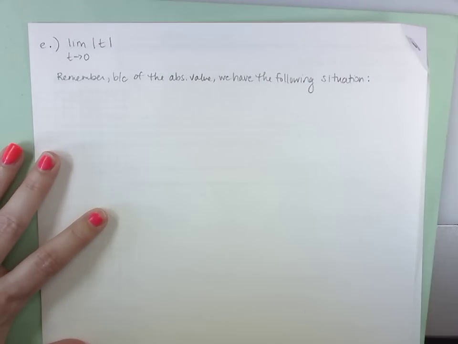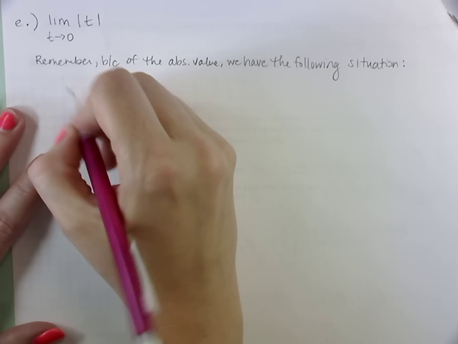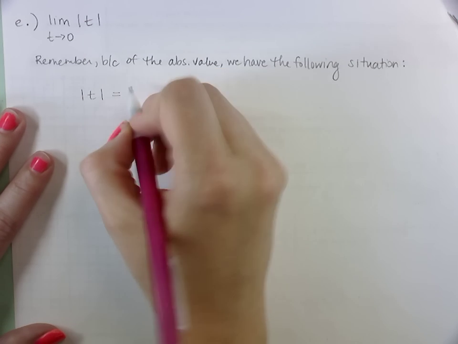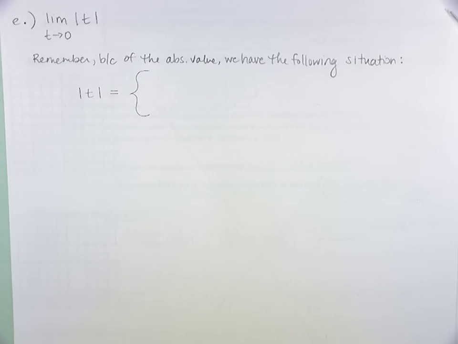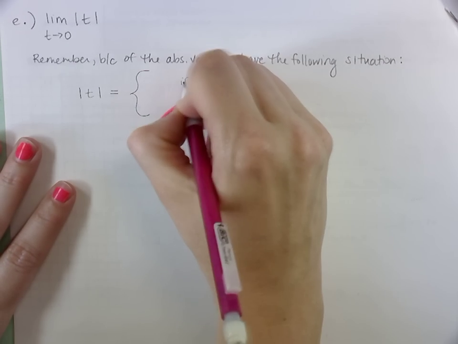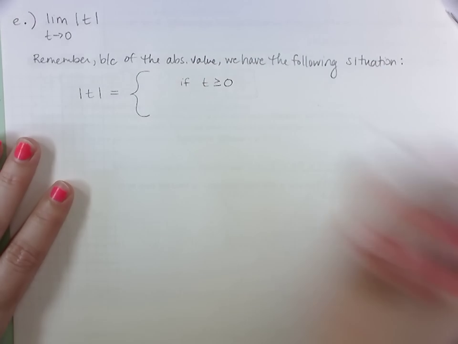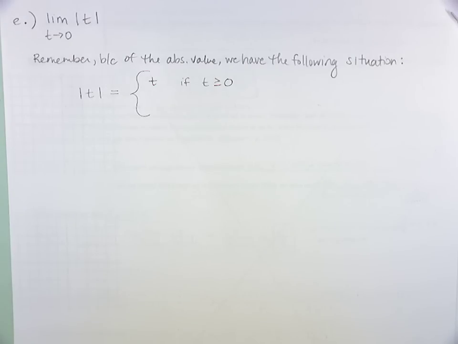With an absolute value, do you guys remember what the graph of that looks like? It looks like a V. We can write the absolute value as a piecewise function. If your t value is positive, when you plug that in, you just get t, the normal t value. But you can also plug in negative t.